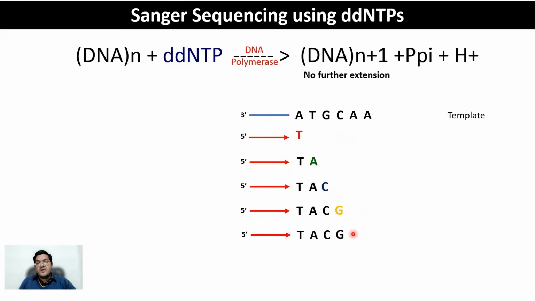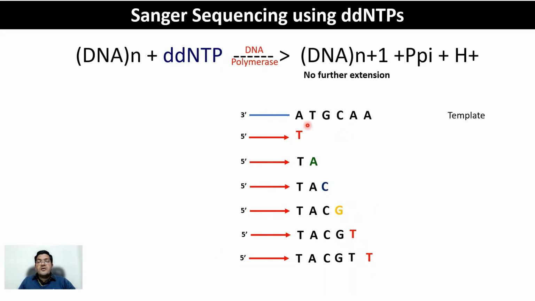So here you have your incorporation of dideoxythymine here, and because it is dideoxythymine, no further extension of this fragment can happen. However, in the alternate case where you have a normal thymine getting incorporated, you move to the next position, and you can again have a dideoxythymine incorporated or a normal deoxythymine getting incorporated here.